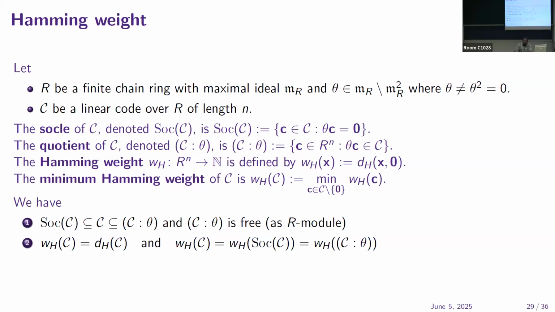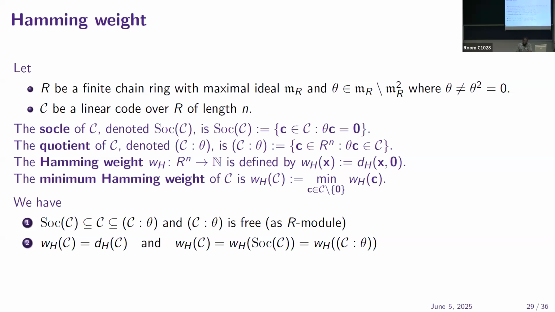The torsion of the code is the set of words belonging to R^n such that theta c belongs to C. Note that the linear code C is a subset of its torsion and contains the residue. The torsion of C is always a free code.